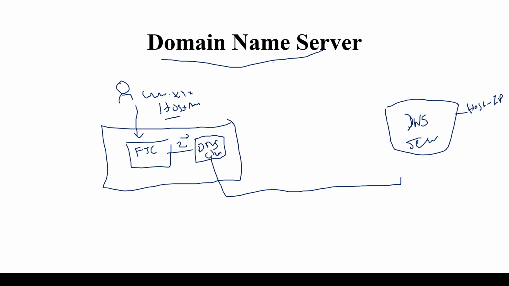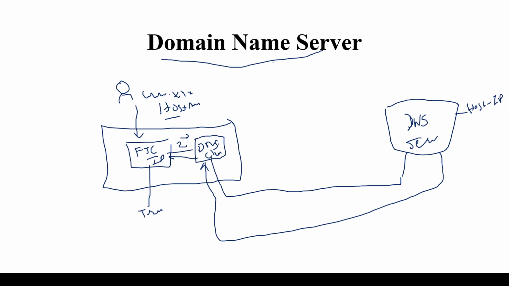It finds the respective IP address of your host name and reverts back to the DNS client. In the same way, the DNS client forwards it to the file transfer client, which now has the IP address and forwards it to the transport layer. So this is the simple flow, right?